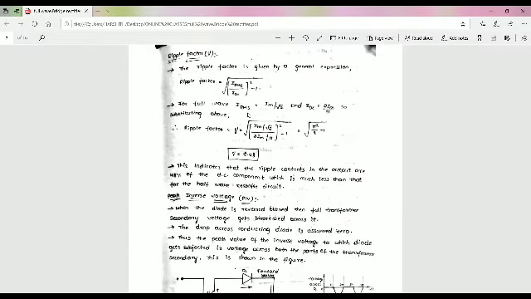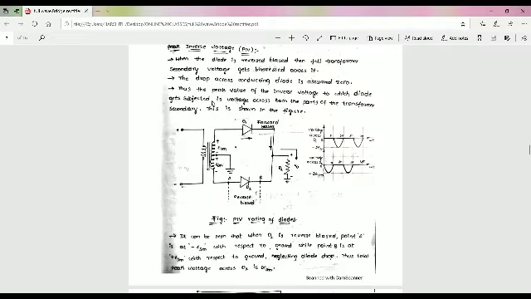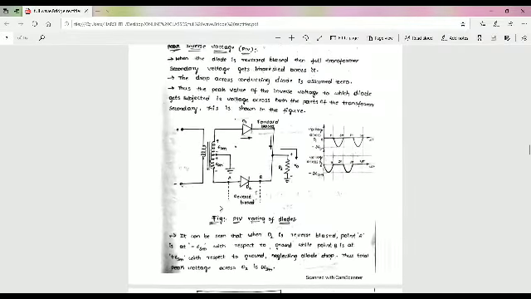Okay, and next one, PIV, peak inverse voltage. Okay, this is the diagram. It can be observed from the circuit diagram that when the D2 diode is reverse biased, the full transformer secondary voltage gets impressed across it.